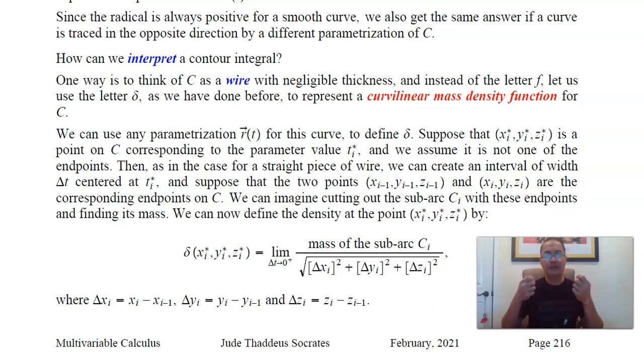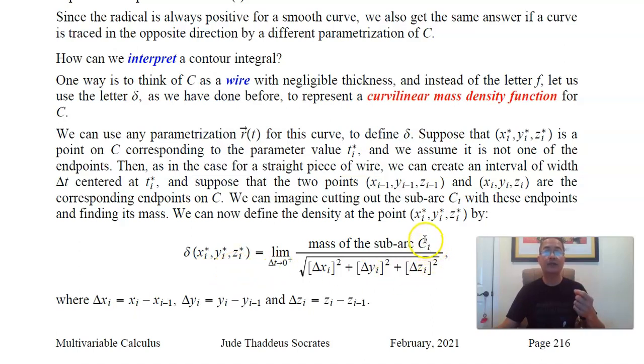Okay, so imagine that you have these very fine wire cutters and you snip a little portion of that wire, okay, and then you take that piece of wire and you weigh it on a very sensitive scale. Okay, now take the limit as the length of that wire goes to 0. Okay, the ratio of the mass of that piece of wire to its length is what we can define as the density of that piece of wire at that point.